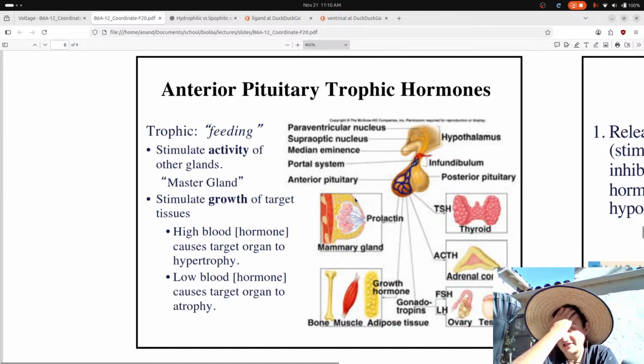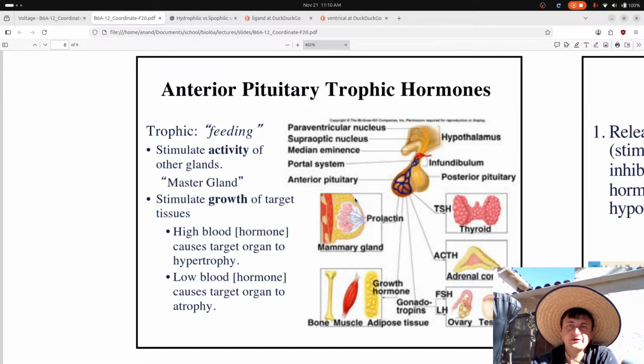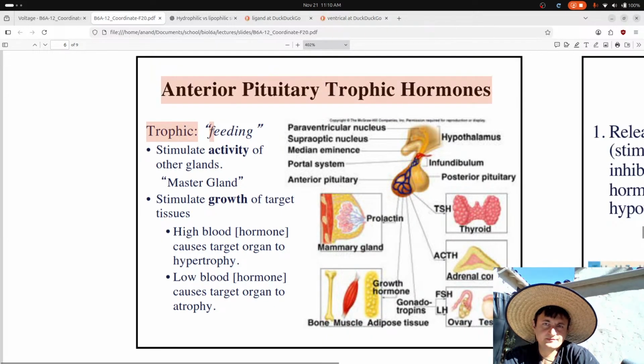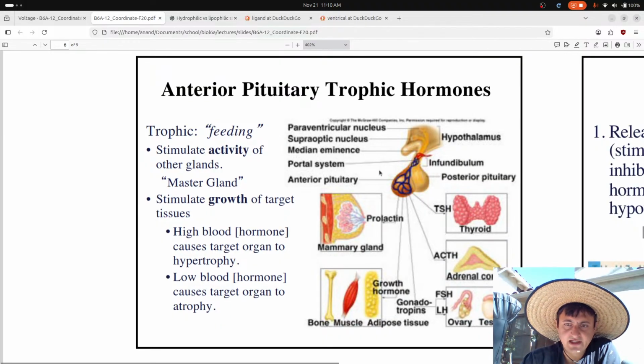All right, here we go. Anterior. What does trophic mean? Heterotroph. Doesn't troph mean eating? Oh yeah. All right. Holy cow! Look at this diagram, man. Here we've got the paraventricular nucleus, the supraoptic nucleus. It looks like there's some capillaries here.